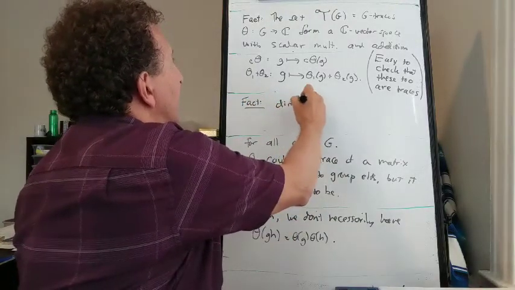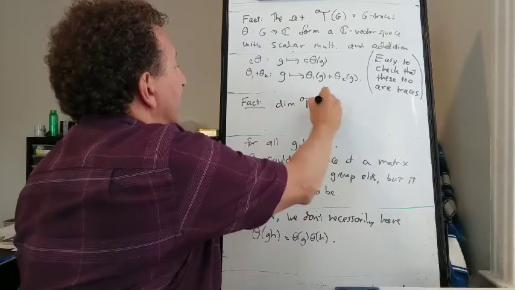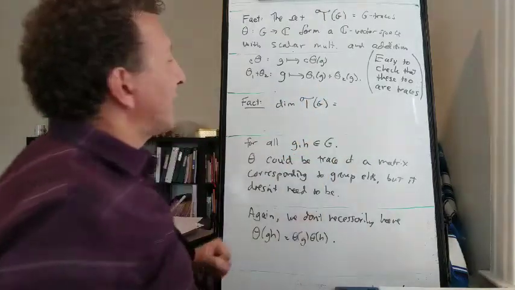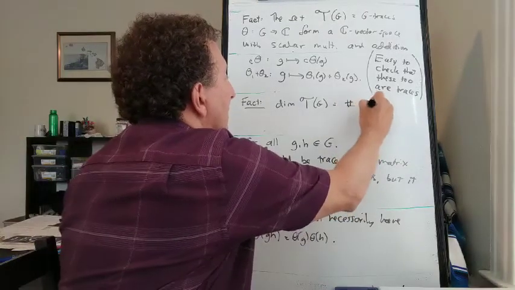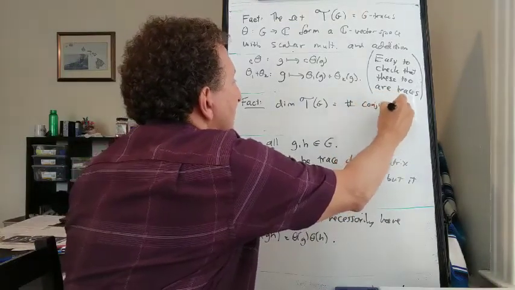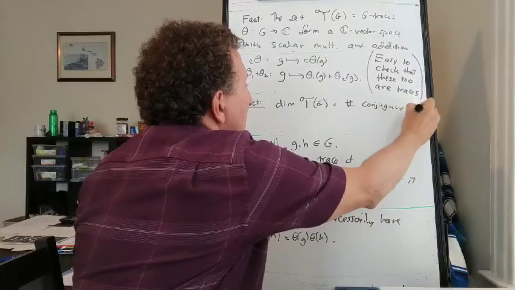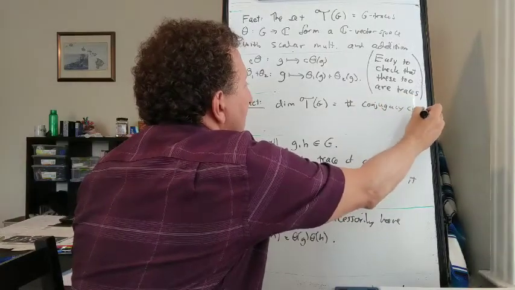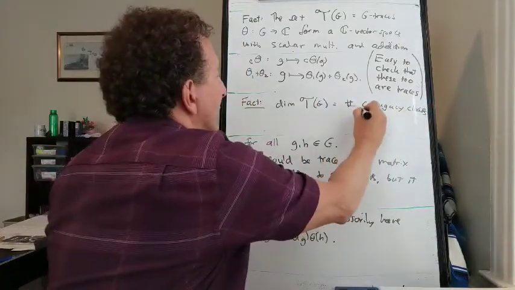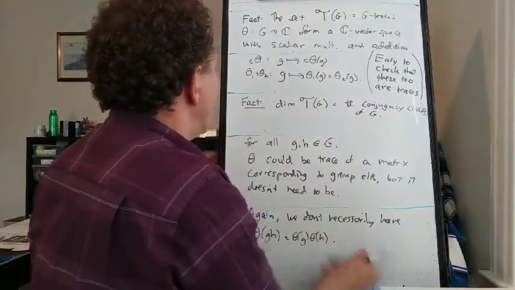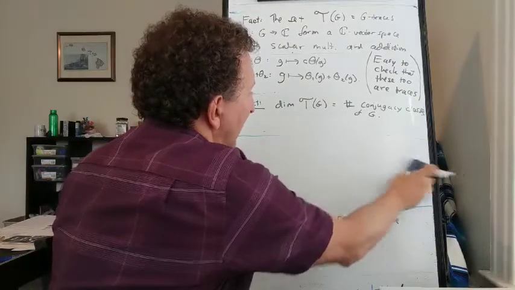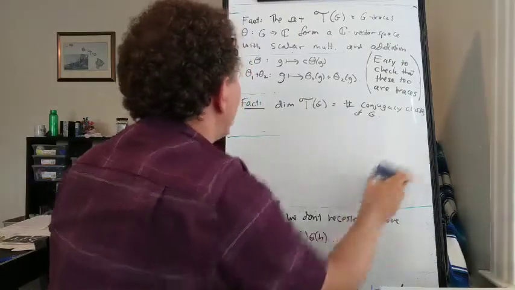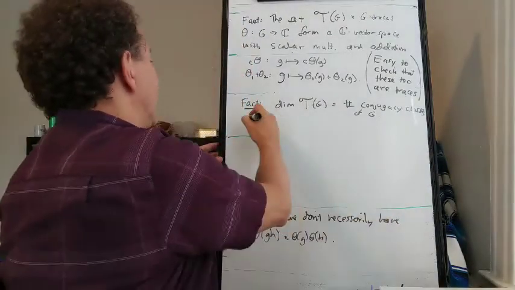Now the dimension of this vector space is equal to the number of conjugacy classes in G. And the reason is that, first of all, this has to be constant on conjugacy classes.